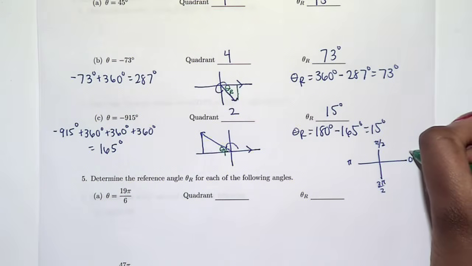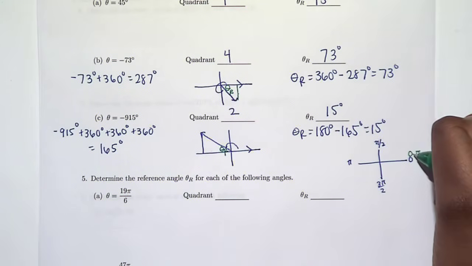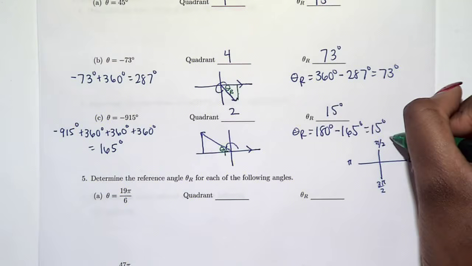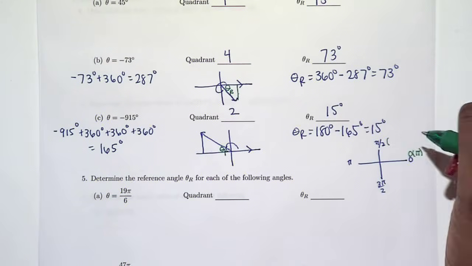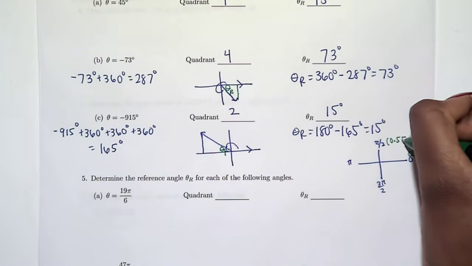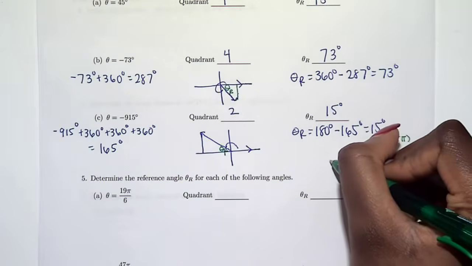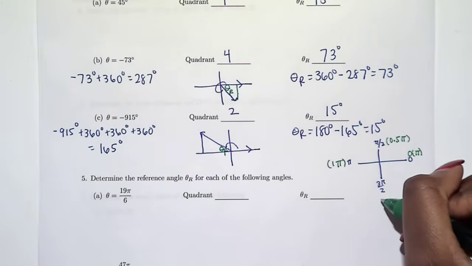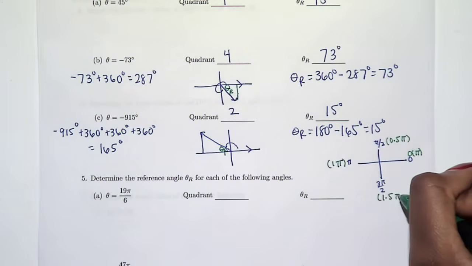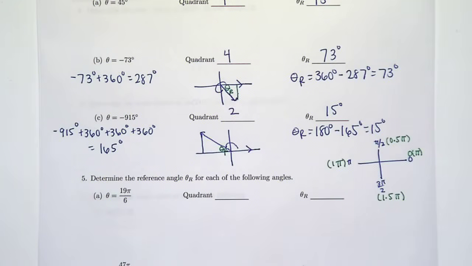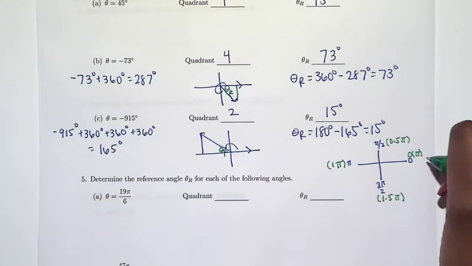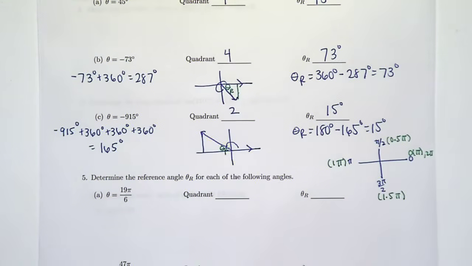So this is 0 times pi. This is 0.5 times pi. This is 1 times pi. This is 1.5 times pi. This will be helpful, you'll see in a moment. And maybe I'll also write 2 pi over here as well.